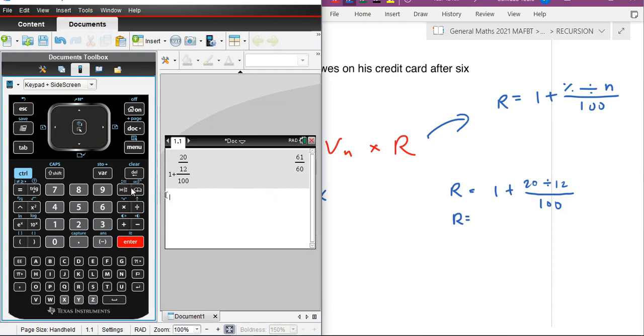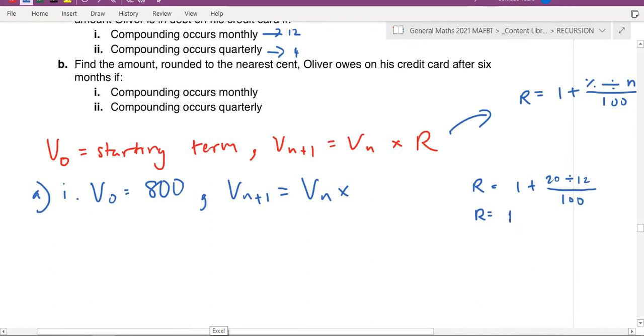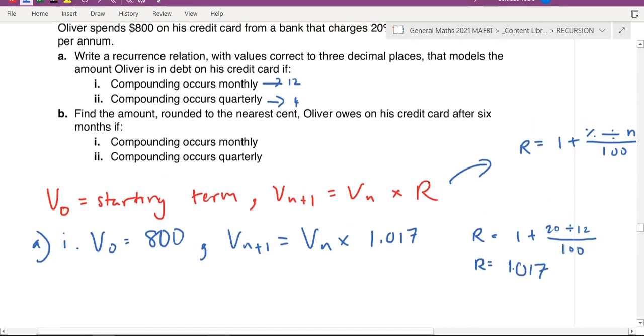If you get a fraction, press Control Enter, and it's 1.01667. It doesn't tell us to round to 3 decimals, so it'll be 1.017. Okay, so that's it to 3 decimal places.